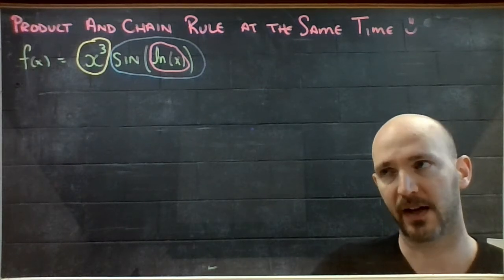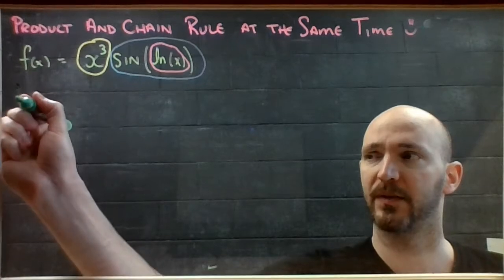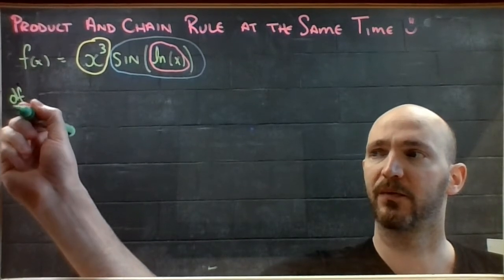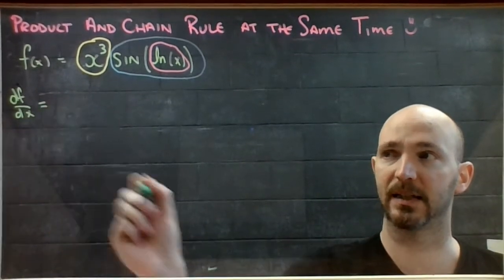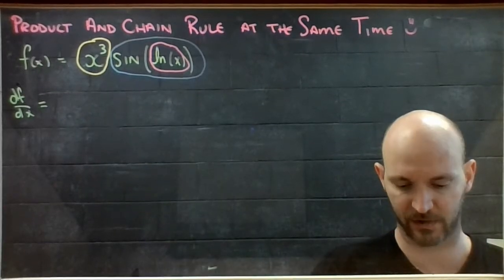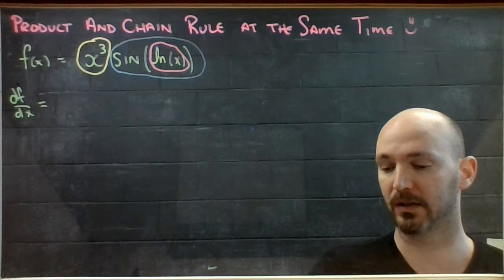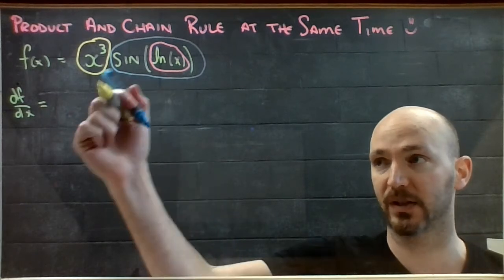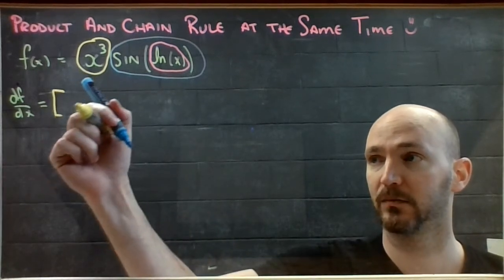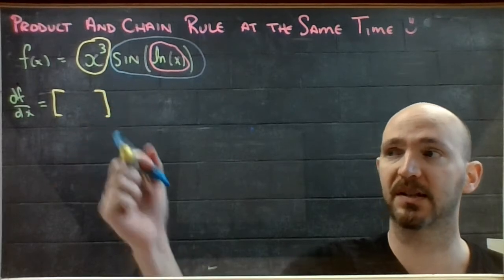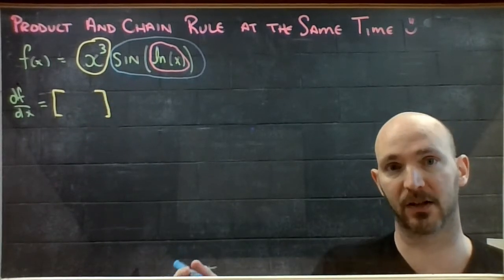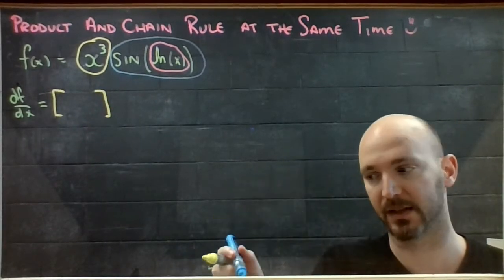So if I go to do the derivative of this, the first thing I'm going to need to recognize is the product rule structure. Product rules, as always, were: take the derivative of the first thing, and I'm using square brackets to show that I'm taking a derivative, just as a reminder to myself.